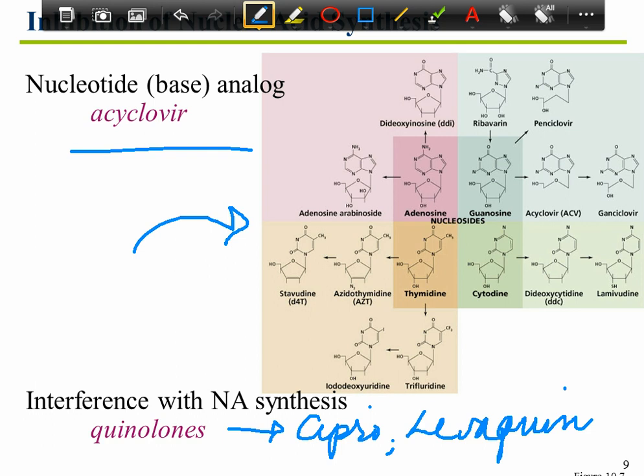Well, if you throw some of these drugs at the host cell that's being taken over by a virus, the host cell will pick up some of these chemical formulas instead of the correct nucleotide, like a guanine or a cytosine nucleotide. And obviously, the nucleic acid of the virus is not going to be what it should be, because we have chemicals being substituted for the nucleotides. And that's how it blocks viral replication.